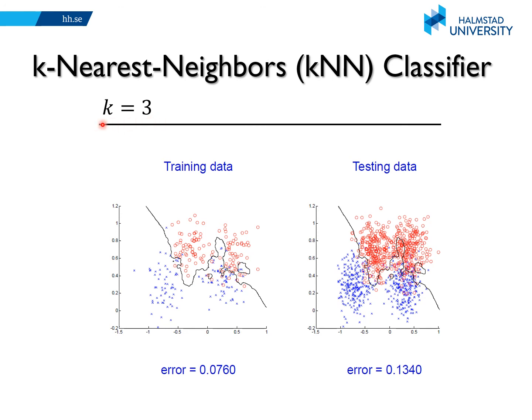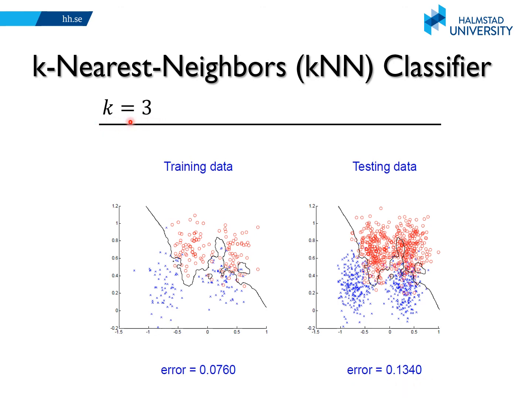So now k is equal to 3, and you can see that the decision boundary is a little bit simpler, and the training error increased a little bit. But that's not necessarily bad, because the error on the test data decreased.